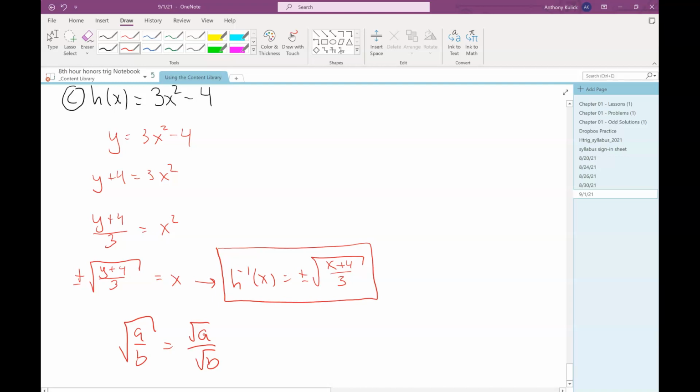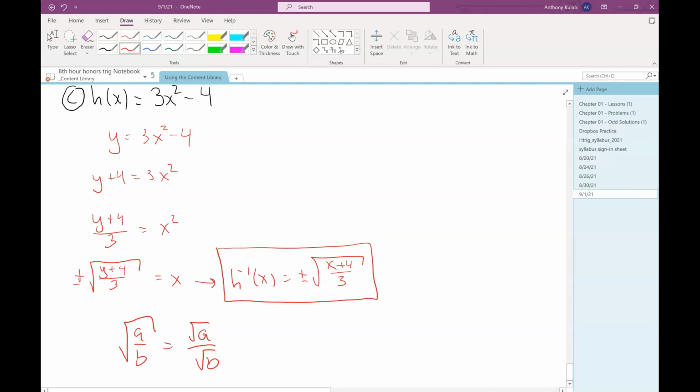Because quite frankly, that just makes this uglier. It's much neater and cleaner and simpler. And if we're not doing anything numerically with it, you could. I wouldn't mark it wrong. You could write it as plus or minus square root 3x plus 12 all over 3. You could write it that way if you want, but this is fine too.